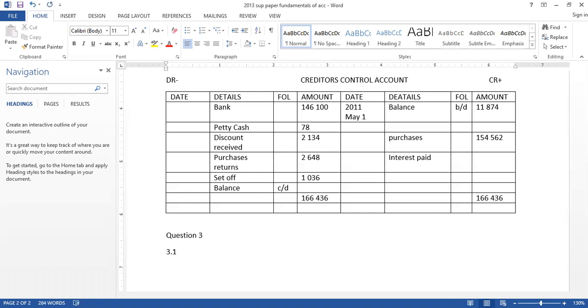In 3.1, you are asked to differentiate the following statements one from another: the bank reconciliation and the creditors reconciliation statement. So what is the difference?